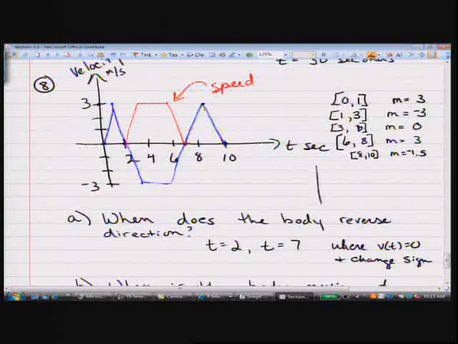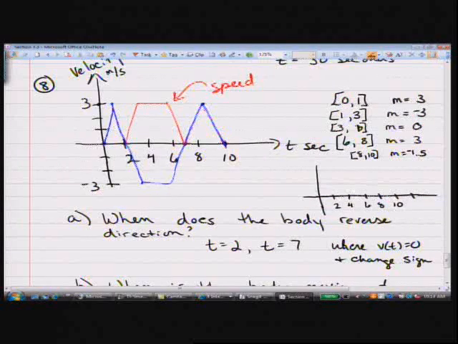So if you were going to graph acceleration, you're from 0 to 1. Let's see, maybe we better count by twos: 2, 4, 6, 8, 10. From 0 to 1, you're at 3. So you kind of do open circle, boom, open circle. And then from 1 to 3, you're at negative 3.